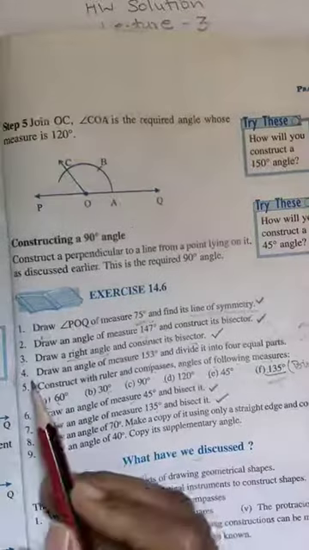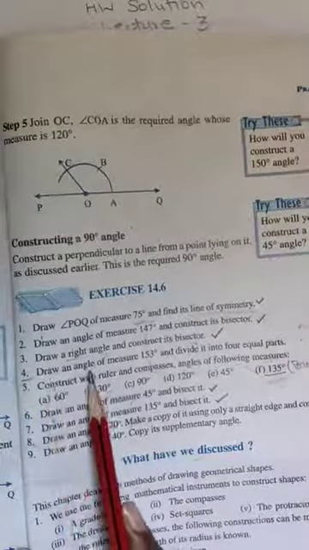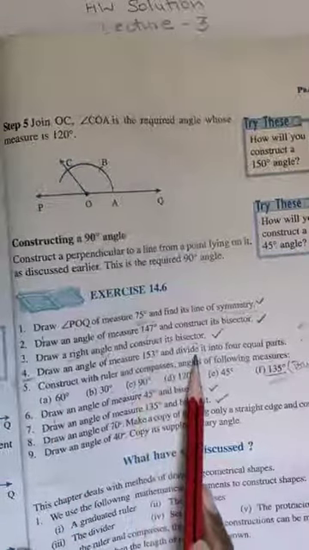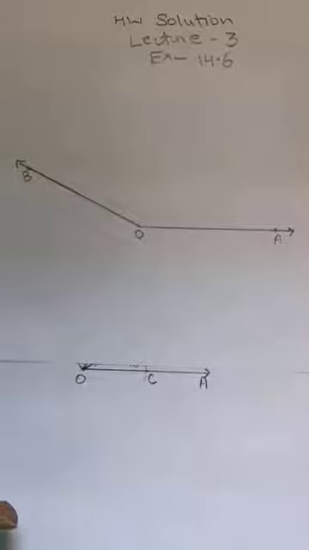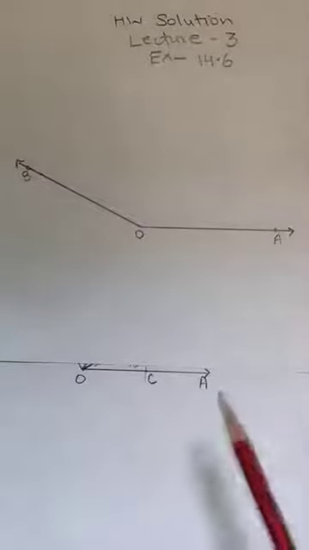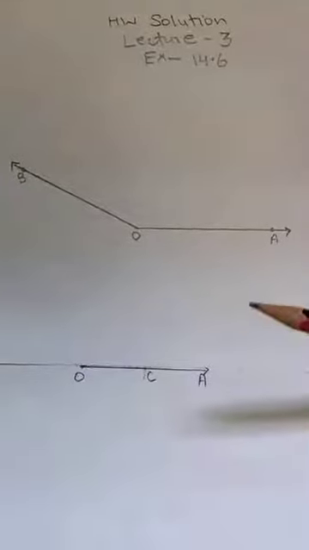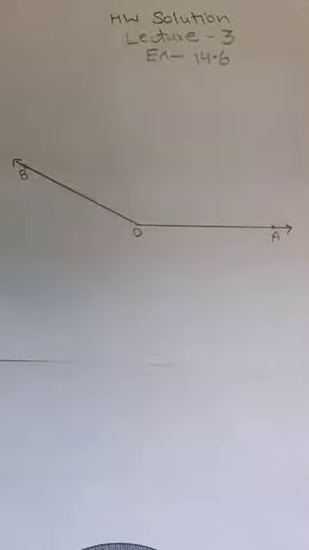Okay. Now I am going to tell you question number 4. Draw an angle of measure 153 degree and divide it into 4 equal parts. See, this is angle AOB equal to 153 degree, as we have to divide 153 degree into 4 equal parts. This we have drawn with the help of protractor.